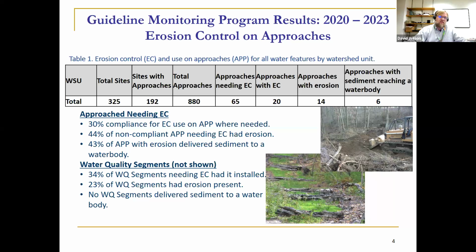So there's what is that, 66% that we can improve on. 23% of the water quality segments had erosion present, but these water quality segments aren't on approaches, so no water quality segments delivered sediment to a water. They're further away from the water bodies. Still, we need to control that erosion. Next slide, Charlie.